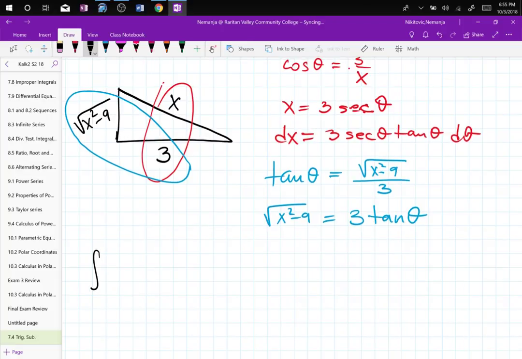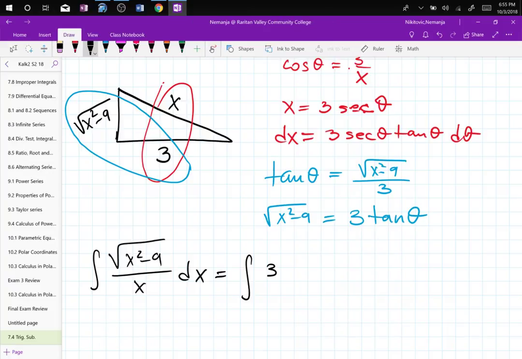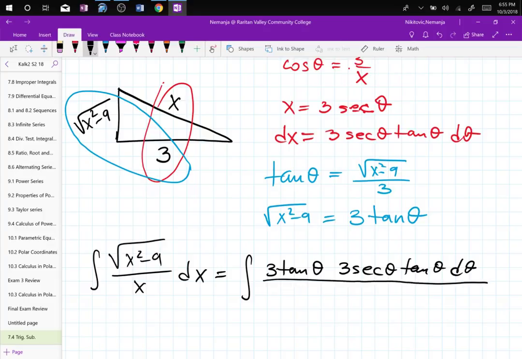So the problem is the integral of the square root of x squared minus 9 divided by x dx, and I have now the integral, instead of the square root, I have 3 tangent theta. Instead of dx, I have 3 secant theta tangent theta d theta, everything divided by x, which is 3 secant theta.